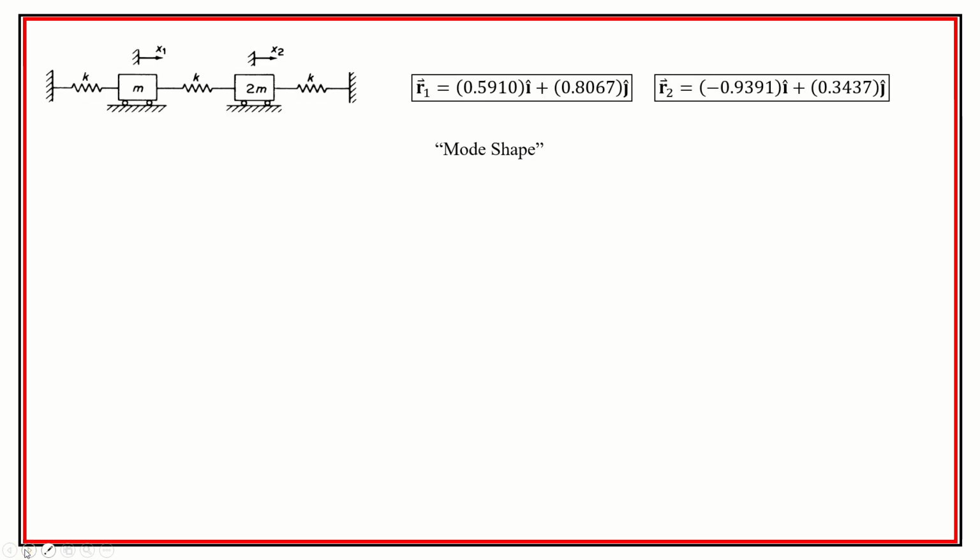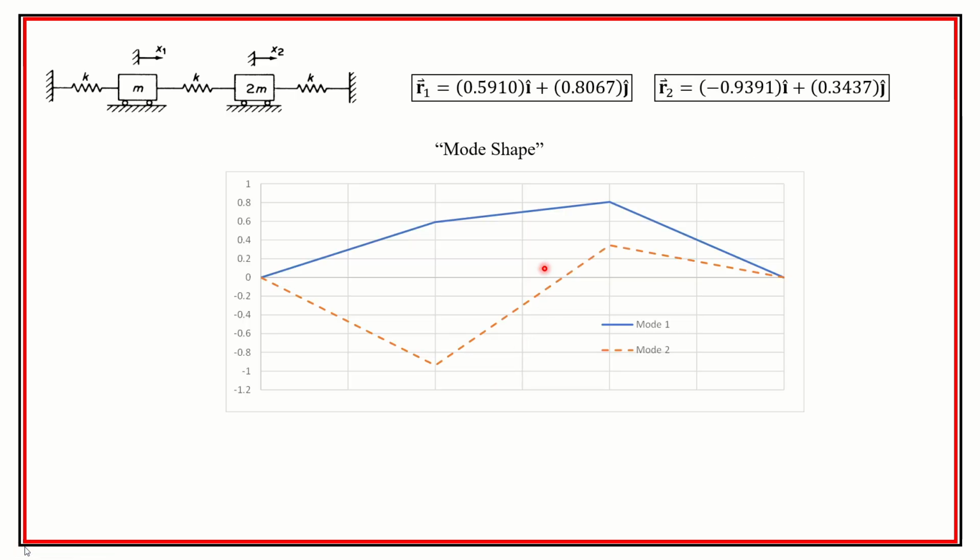So the mode shape I would describe from these eigenvectors could probably better be described by taking, I just took 4 locations here, where the end points are equal to 0, so you can see the relative magnitude of the motion of x2 is greater than x1 in mode 1, and then in mode 2 the motion of position 1 is in the opposite direction and greater than that of position 2.